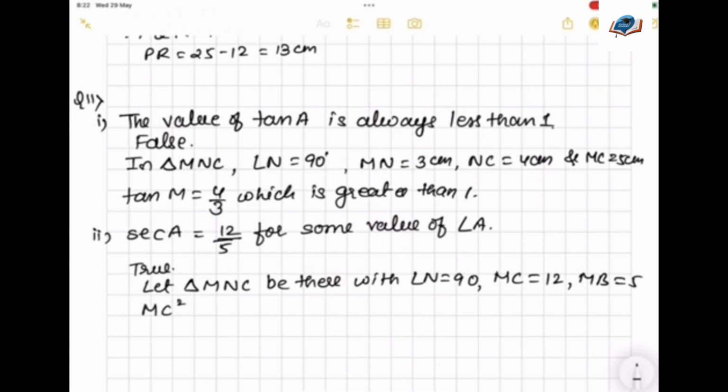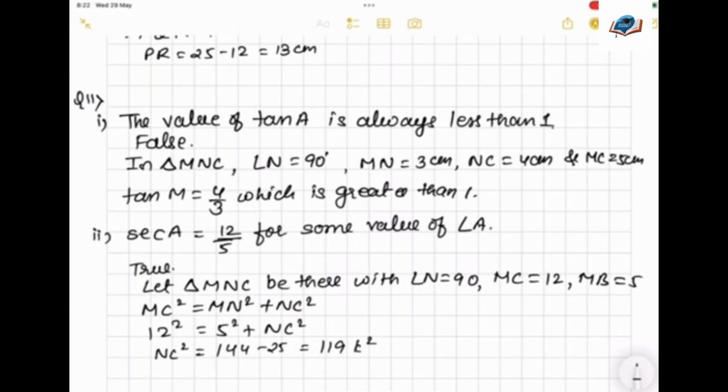So MC square will be equal to MN square plus NC square. So 12 square equal to 5 square plus NC square. So NC square will be 144 minus 25, so that is 119. So such a triangle is possible, therefore it is true.